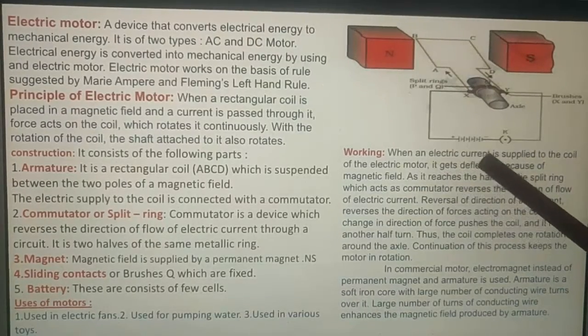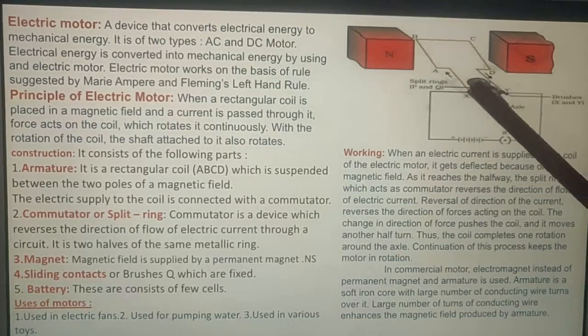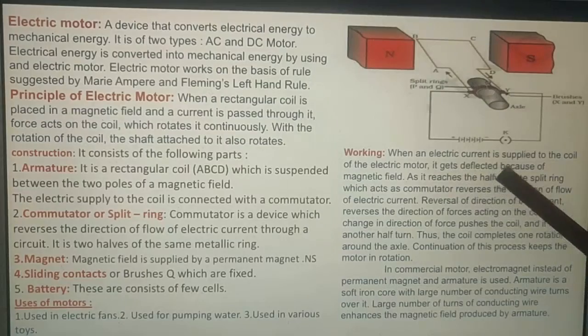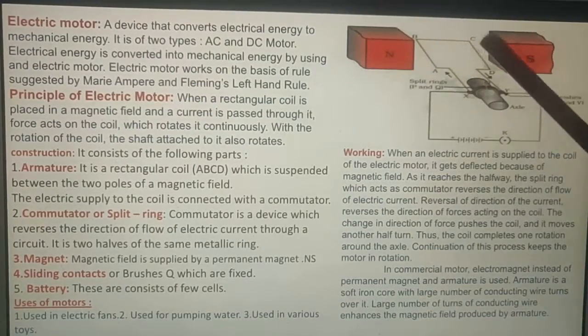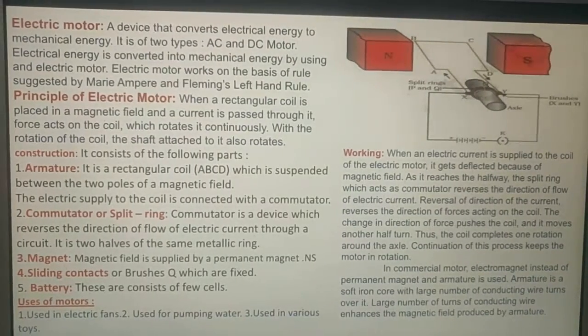Here, when an electric current is supplied to the coil of the electric motor, it gets deflected because of the magnetic field. This is the magnetic field, and its own magnetic field will also be produced.